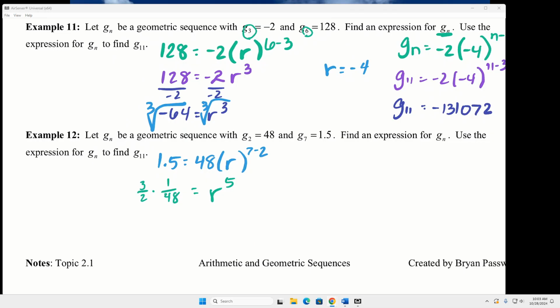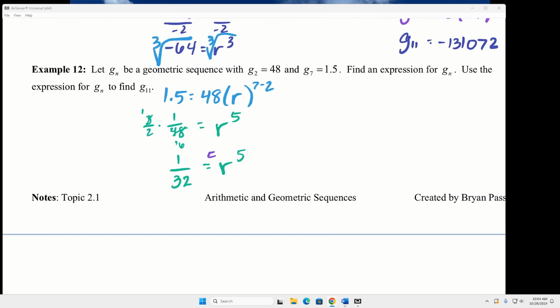So I would know that 3 would reduce that 48 down to 16. And then when I multiply across the numerator and denominator, I get 1 over 32, which is nice, because when I take the 5th root, I know the fifth root of 32 is just 2.